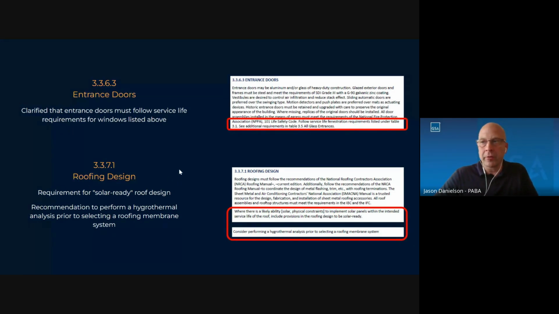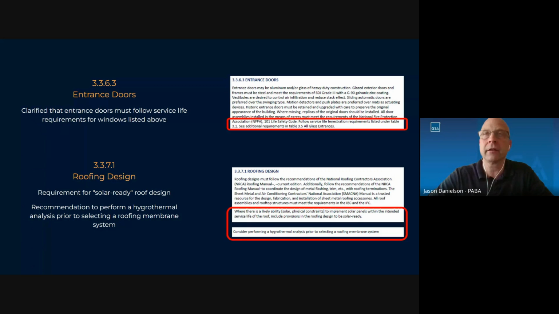And then 3.3.7.1 roofing. A couple of things that were added into this section, which are highlighted in red, is the requirement for having a solar ready roof design. If there's any likelihood within the service life of your roof that you're going to be doing solar, you have the infrastructure set up ahead of time, so you're not having to tear that roof apart.